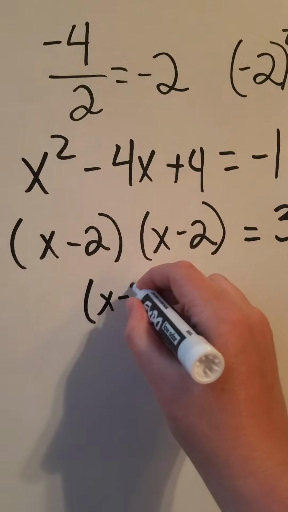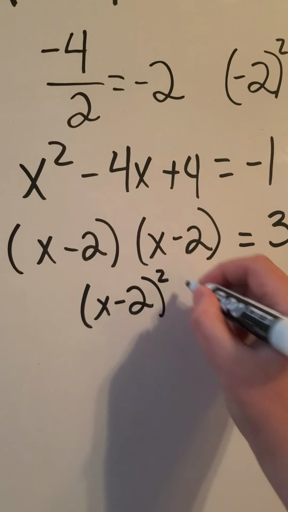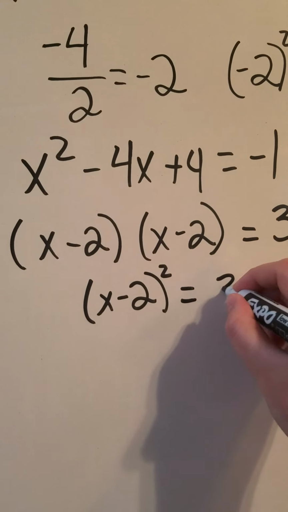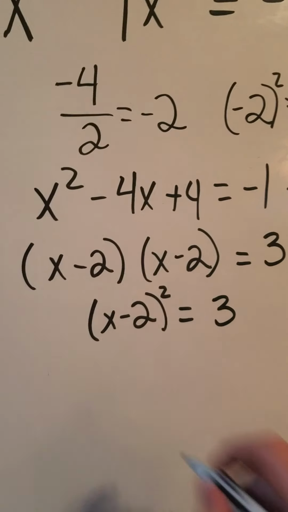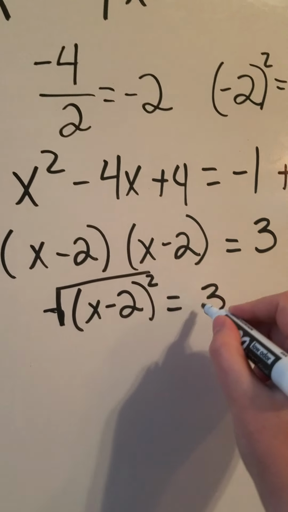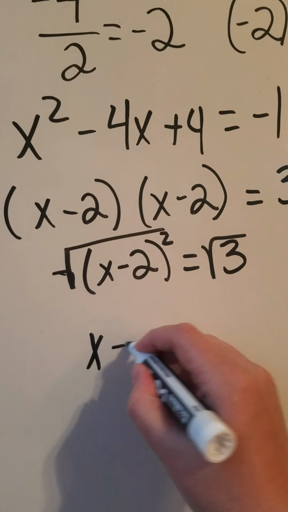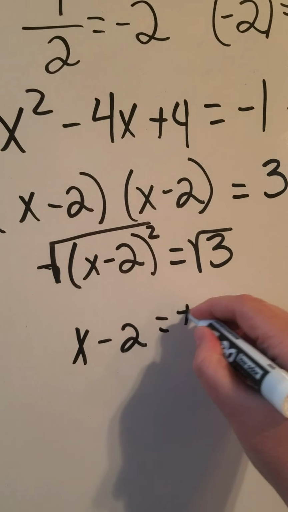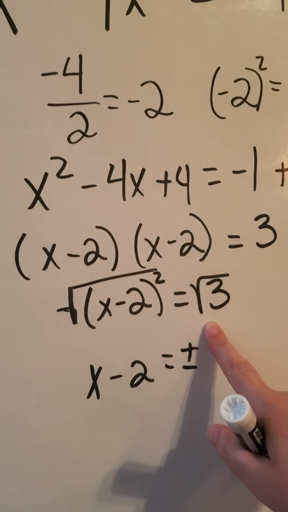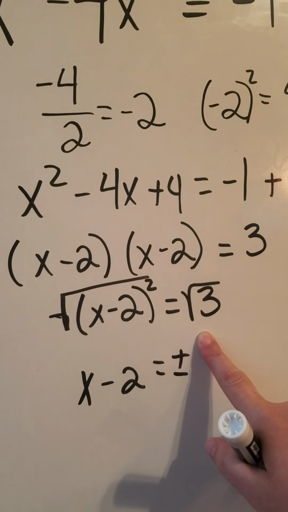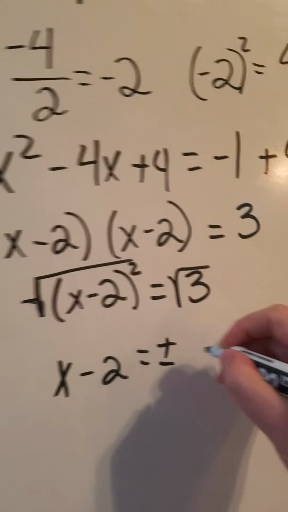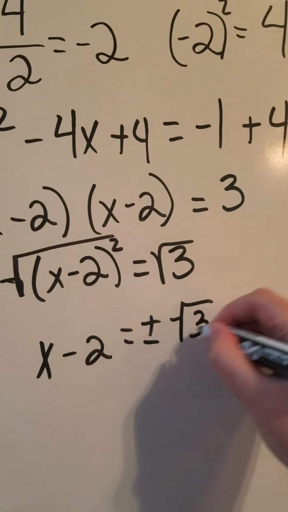This right here is the same as x minus 2 times x minus 2 equals 3. Take the square root of both sides. I now have x minus 2 equals positive and negative square root of 3. This time I'm not going to have a perfect square. The square root of 3 is not a perfect square, so I'm going to leave it in the square root.